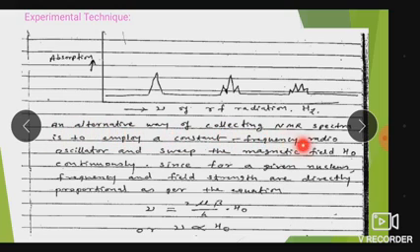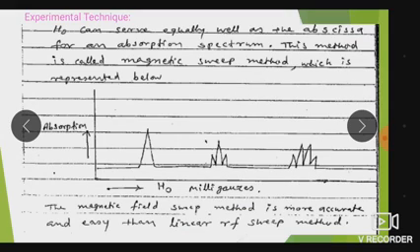An alternative way of collecting our spectrum is to employ a constant RF frequency oscillator and sweep the magnetic field H0 continuously, since for a given nucleus frequency and field strength are directly proportional as per the equation nu is equal to 2 mu beta H0 divided by h. We are changing the field strength, so resonance occurs, and the RF is absorbed and recorded as the absorption spectra and signal.